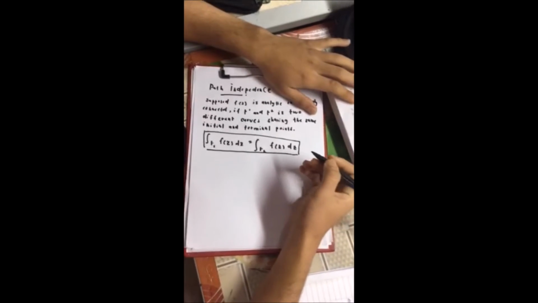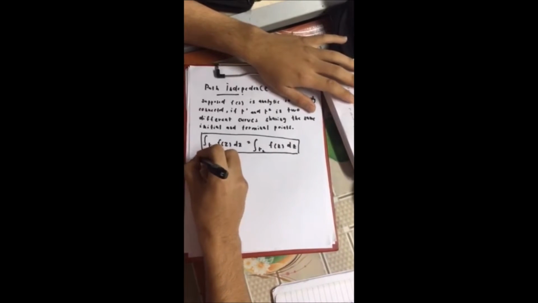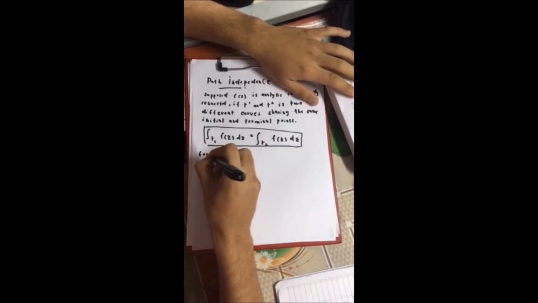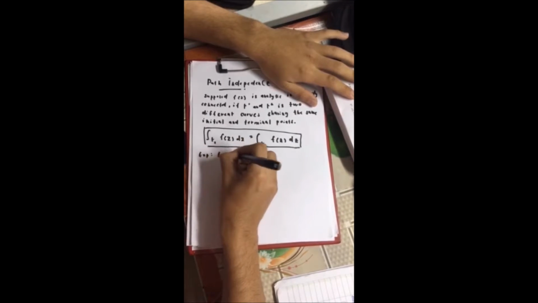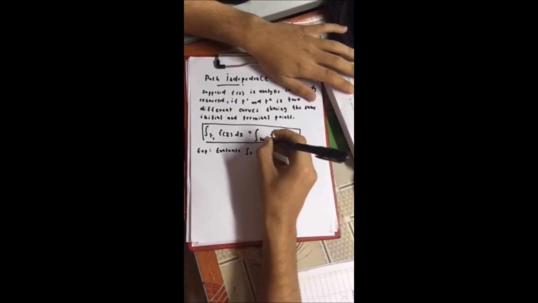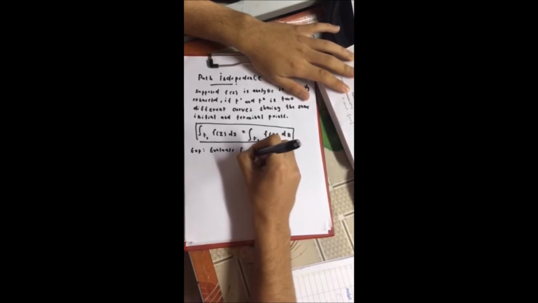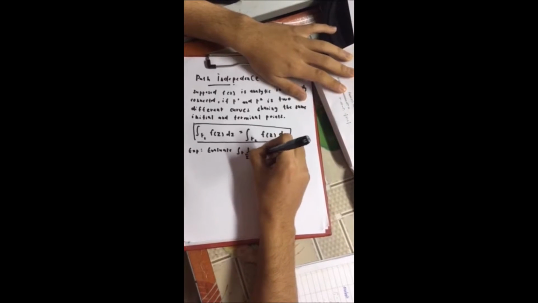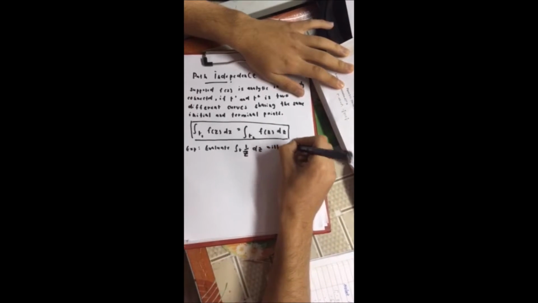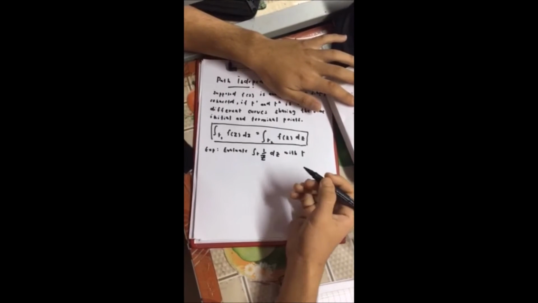And we go to the example. Okay, the first question is we want to evaluate the integral over R of 1 over z dz, with R. Okay, I will draw the curve.